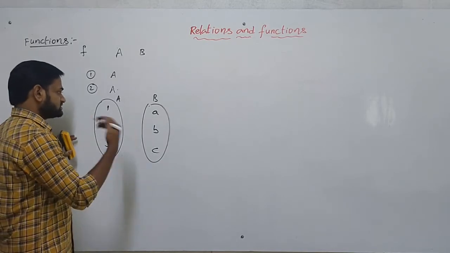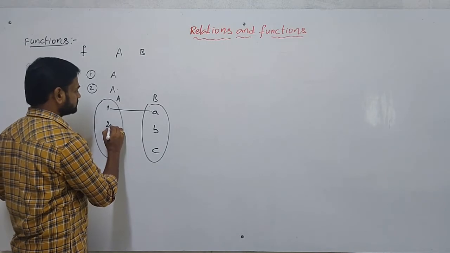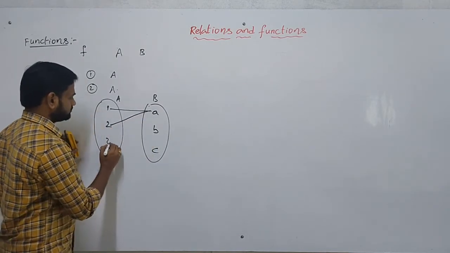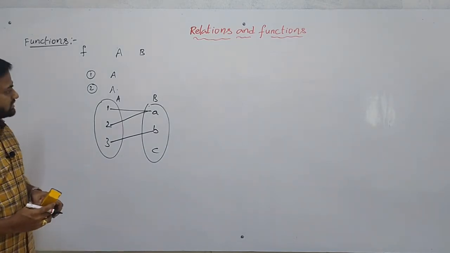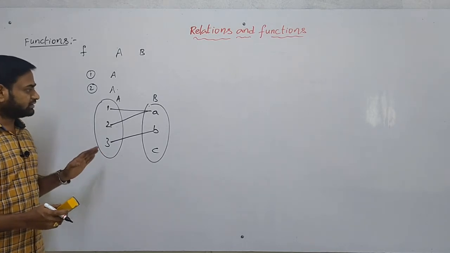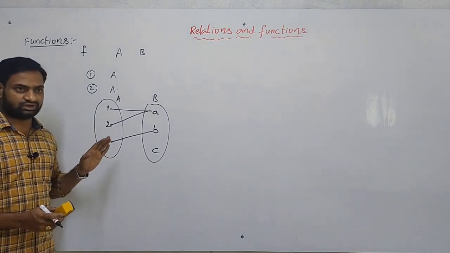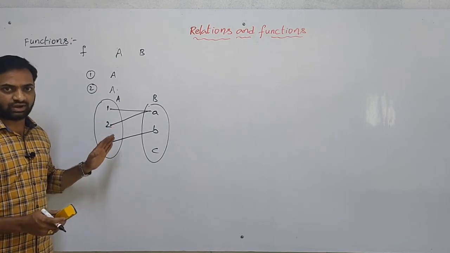Now suppose I am taking a mapping like this. Now, is it a function or not? This mapping, this relation, is one of the relations. We have to check whether this relation is a function or not.